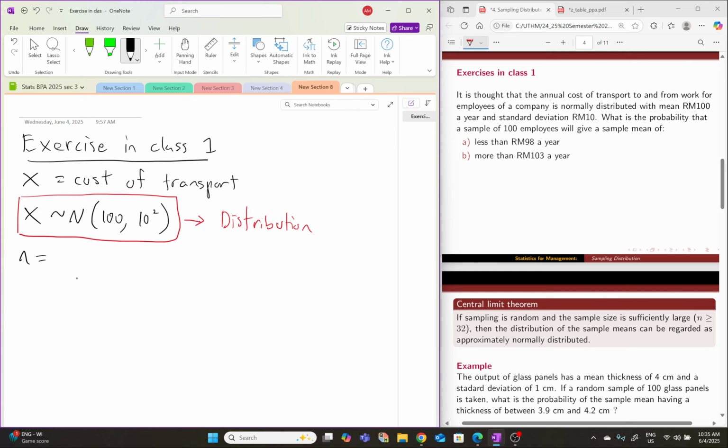What is the probability that a sample of 100 employee will give a sample mean of, so n is 100 employee.